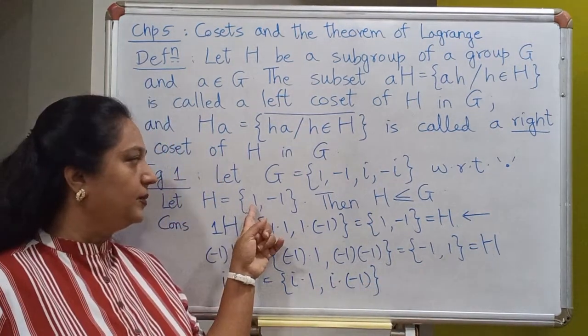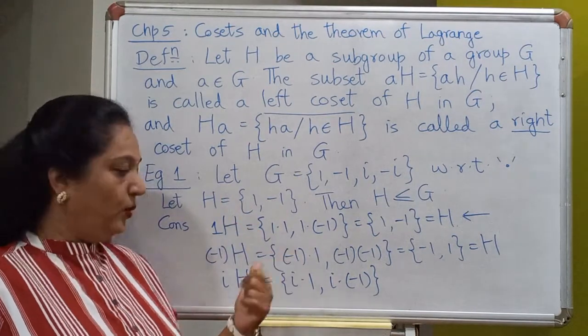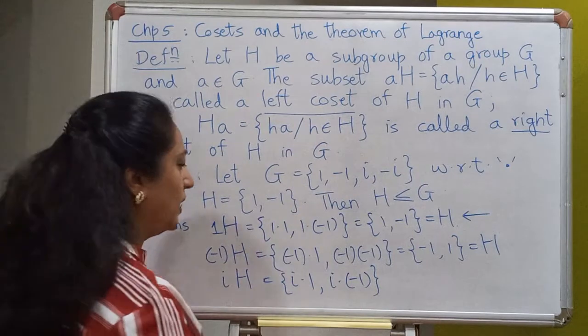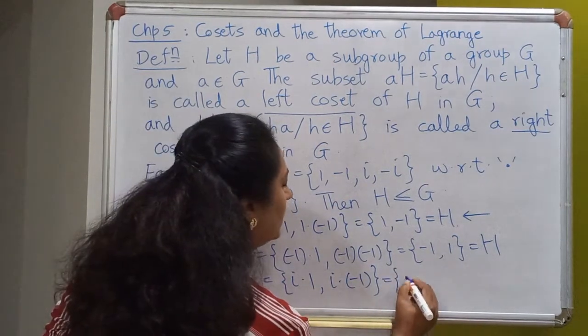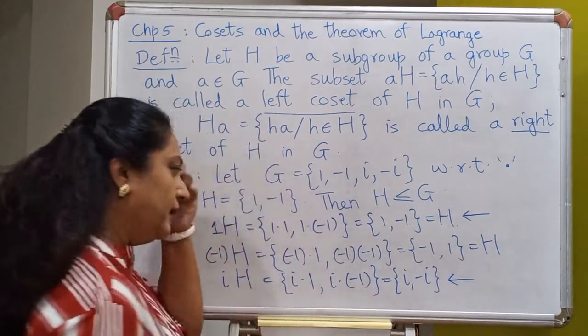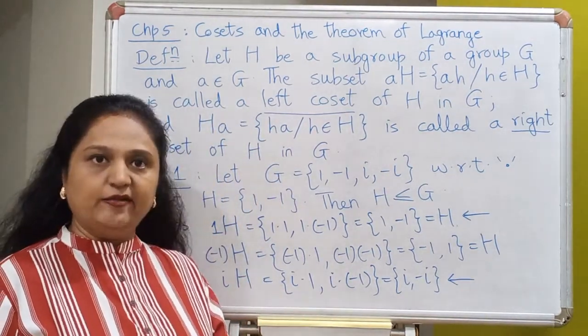I have to multiply every element in the subgroup from the left with the element i. So that will give me i and minus i as elements in this set. So this is yet another coset that I have got.